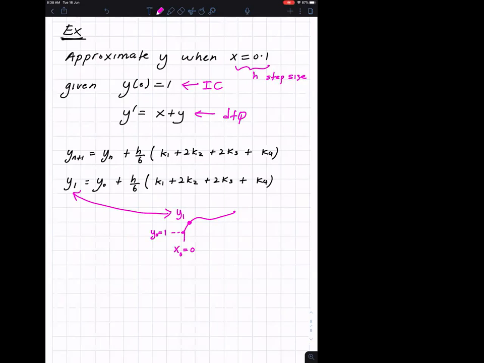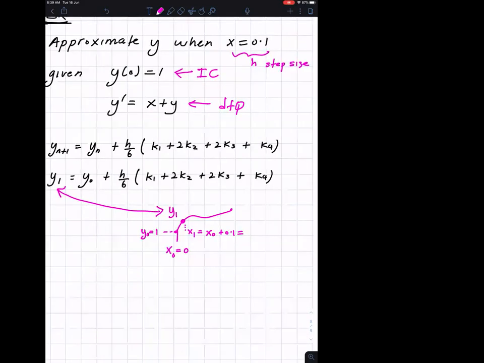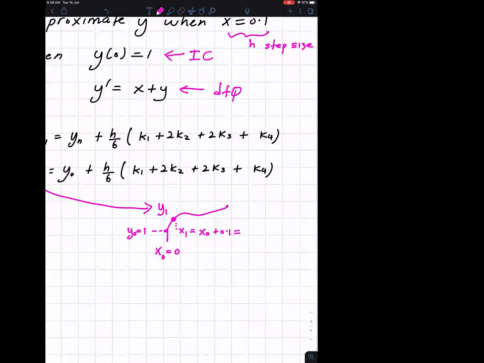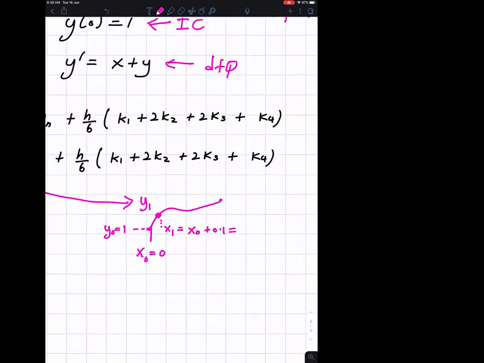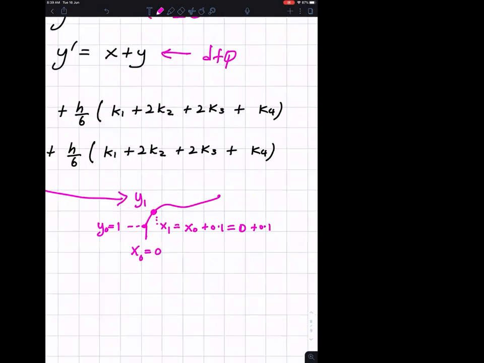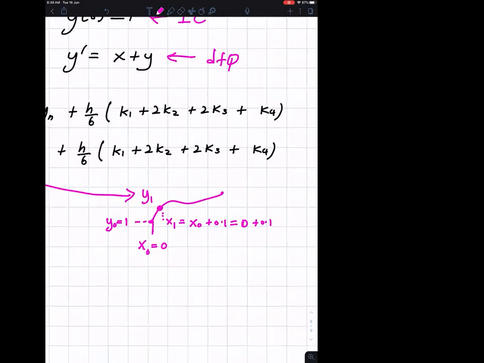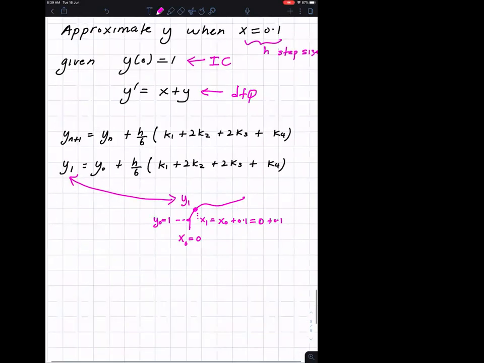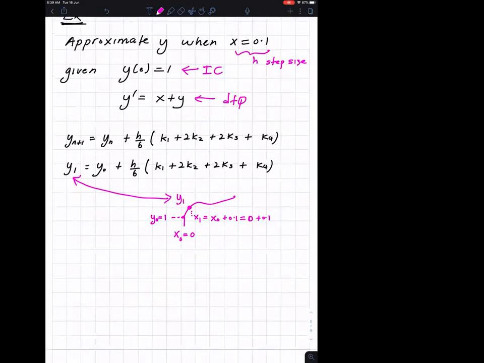And this value is going to happen at x1, which is x0 plus 0.1 in this case, which is 0 plus 0.1. Same thing. Any question?